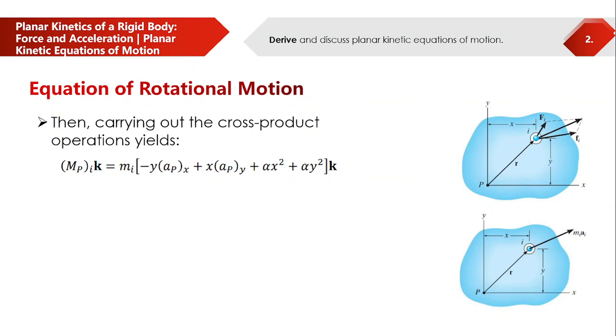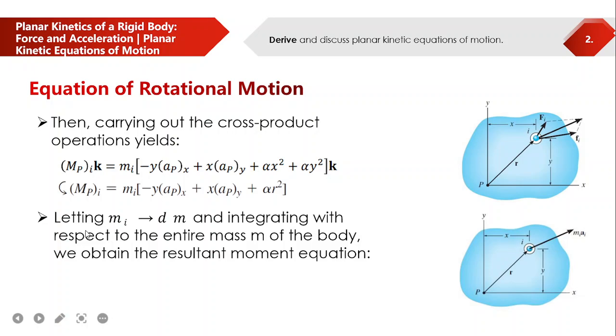So m sub i times negative y a sub p sub x plus x a sub p sub y plus alpha x squared plus alpha y squared k. Cancel out the k, so that will be m sub i times negative y a sub p sub x plus x a sub p sub y plus alpha r squared.